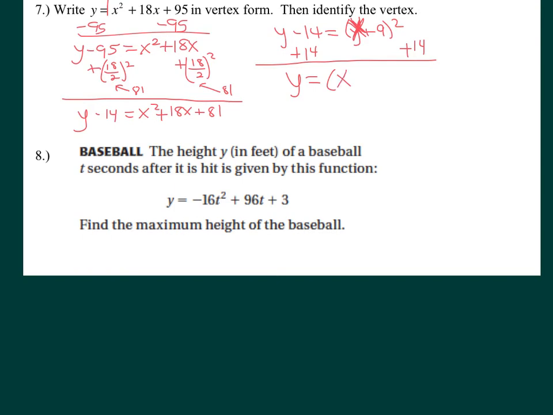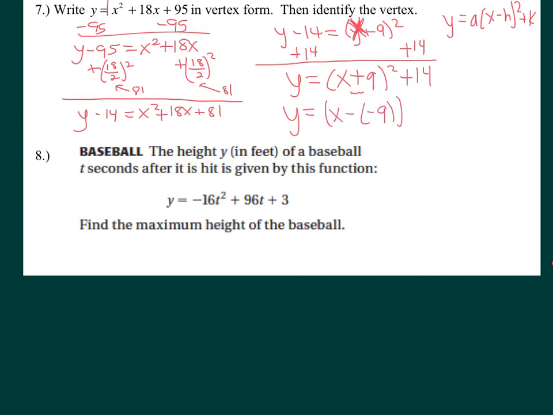So that when I move the 14, I'll have y equals x plus 9 quantity squared plus 14. Remember that vertex form is a times x minus h squared plus k. So if I've suddenly ended up with a plus sign here, that means my h value must have been negative.